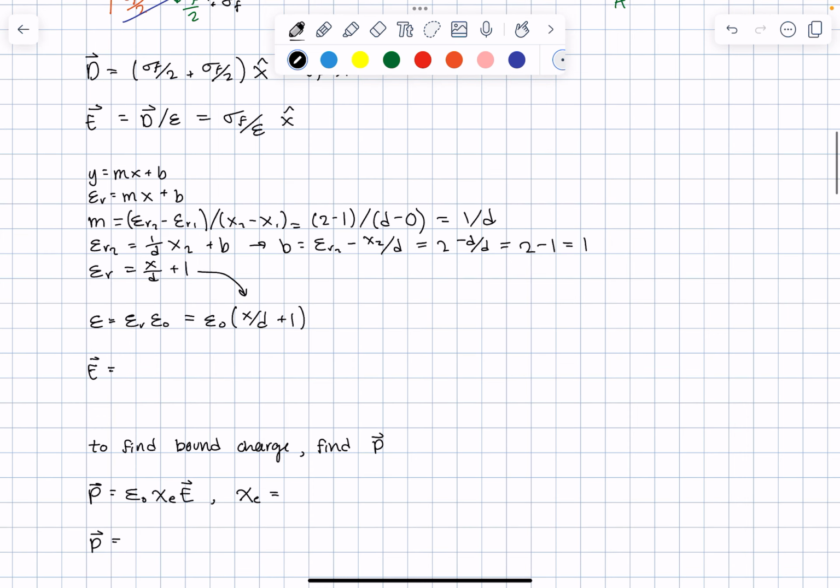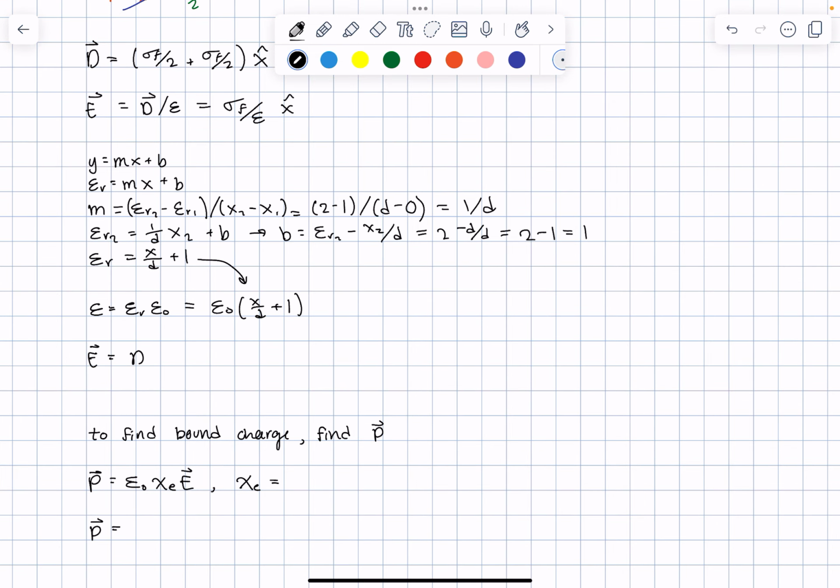So it'll be equal to, as is written here, I'll take the time to write that out. We'll have our epsilon naught times our relative permittivity, x over d plus 1. So then our electric field will be D over epsilon, excuse me, we already have that defined up there.